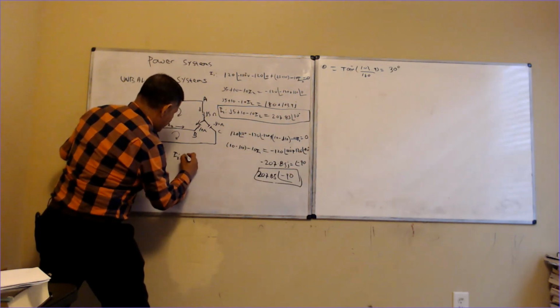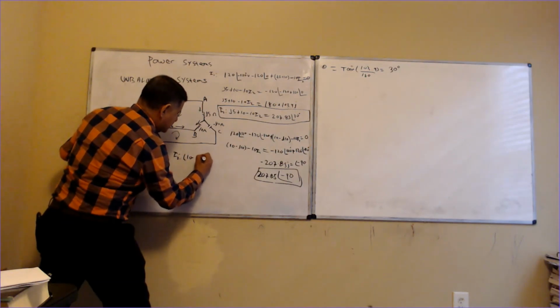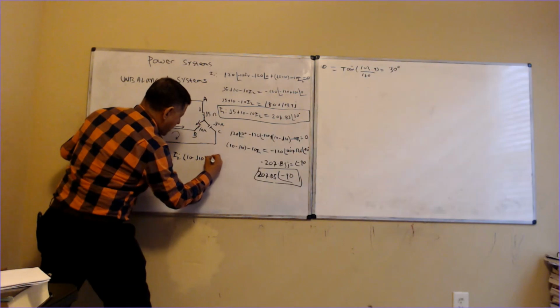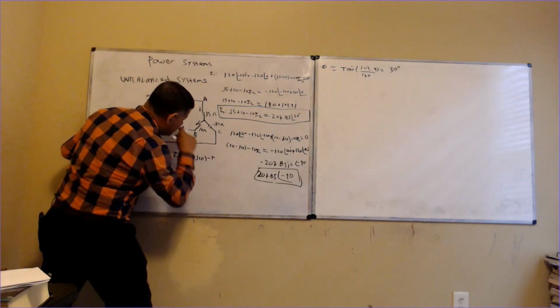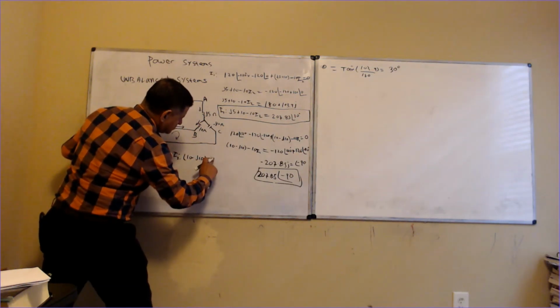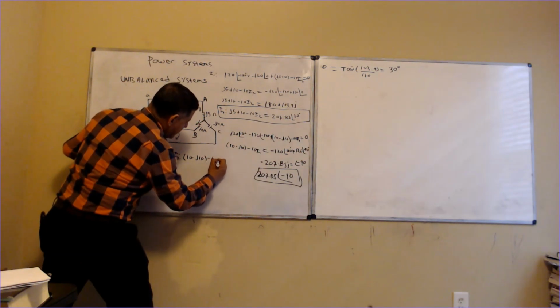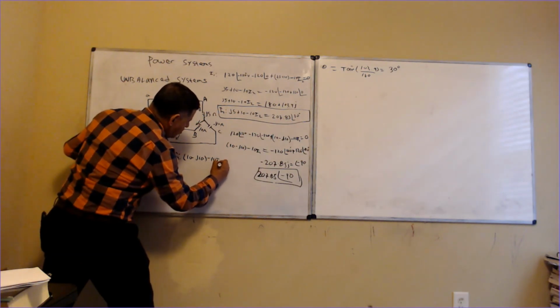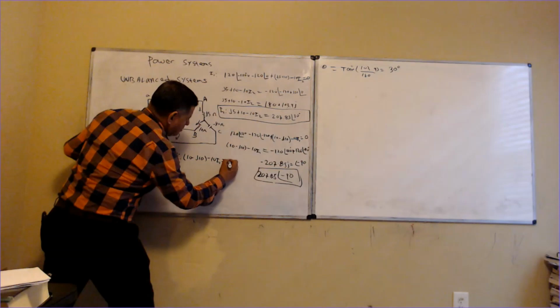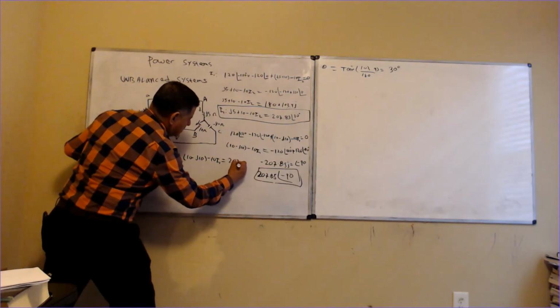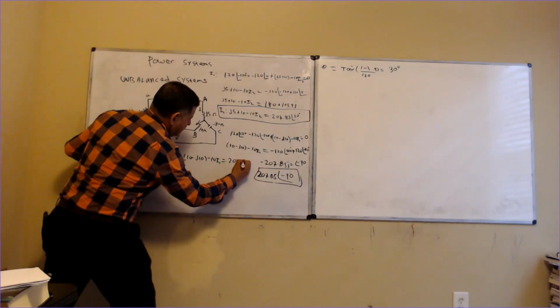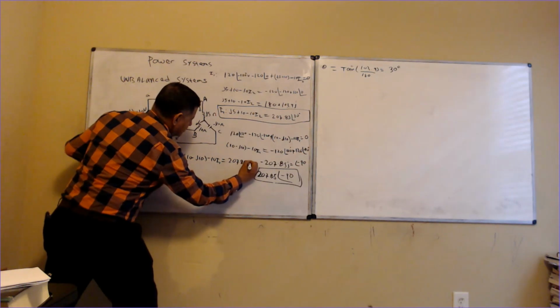So it's going to be I2, which is 10 minus J10, minus 10 I1, equal to 207.85 angle negative 90.